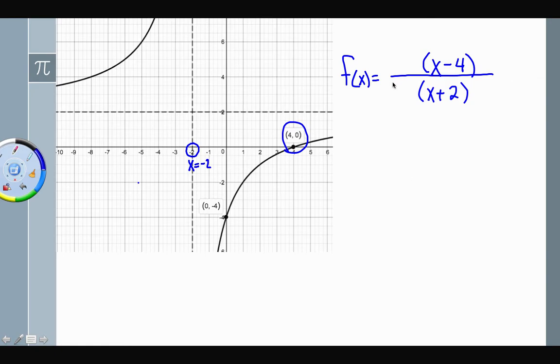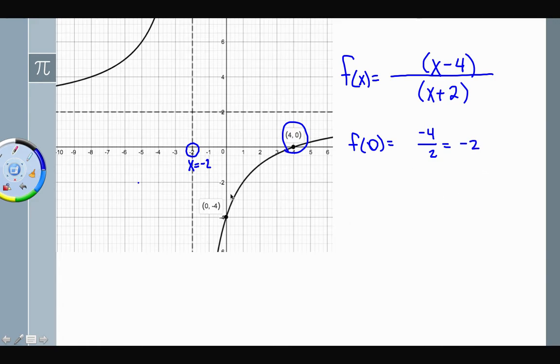Now, that is the preliminary piece. There's only one vertical asymptote, so there's only one thing in the denominator, and there's only one x-intercept, so there's only one thing in the numerator, or one factor. But then what we need to do is compensate if necessary. So I need to figure out in the equation given, f of 0 is negative 4 over 2, which gets me a negative 2.